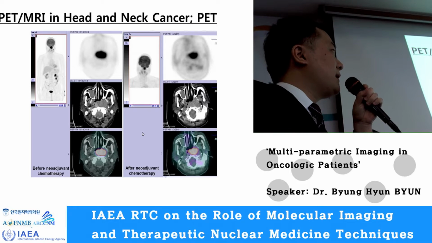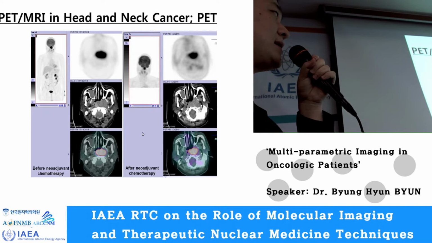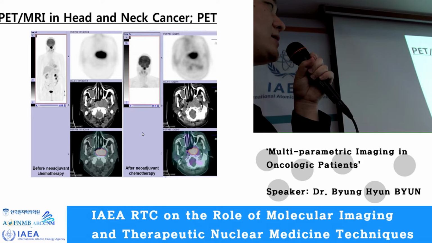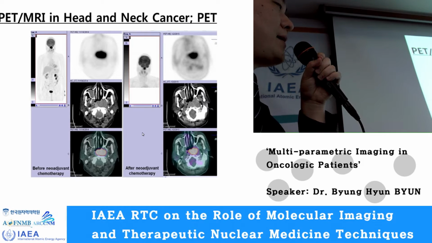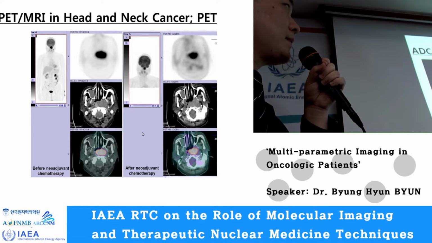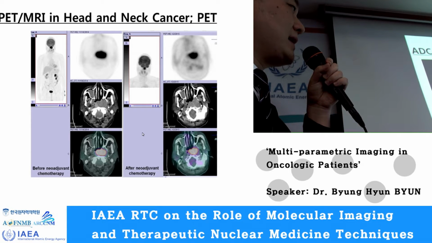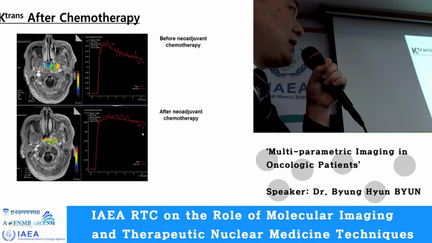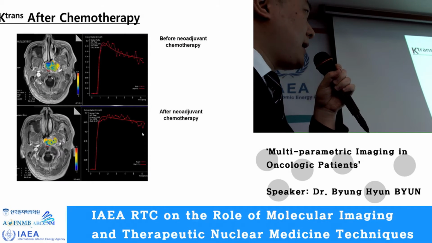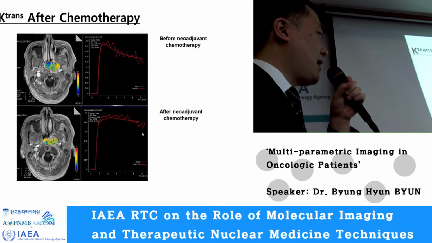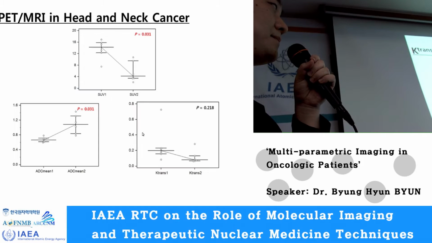We are also studying patients with head and neck cancer. These patients showed a decrease in SUV in the primary tumor, and the ADC somewhat increased after chemotherapy, and the size significantly decreased. But heat trans somewhat increased, you can see here, after chemotherapy.